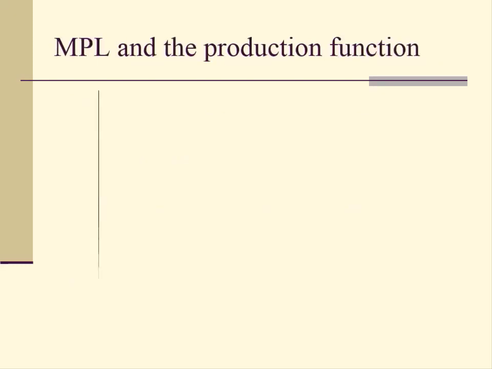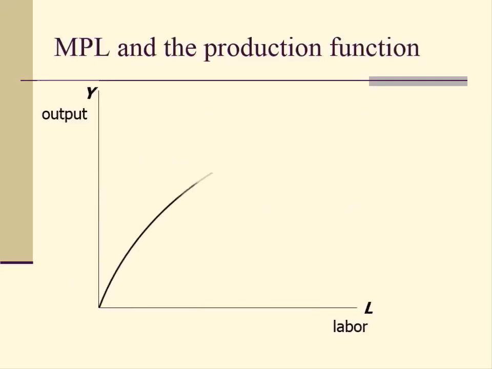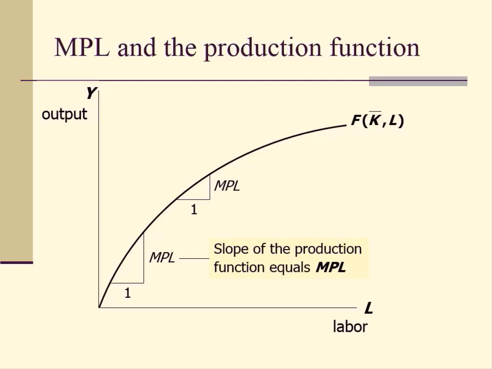As you can see in this graph, the marginal product of labor is the slope of the production function. Here, holding capital constant, the horizontal axis has units of labor, and the vertical axis has units of output. And as you can see, as more labor is added, the slope is getting flatter. That means as more labor is added, the marginal product of labor decreases.